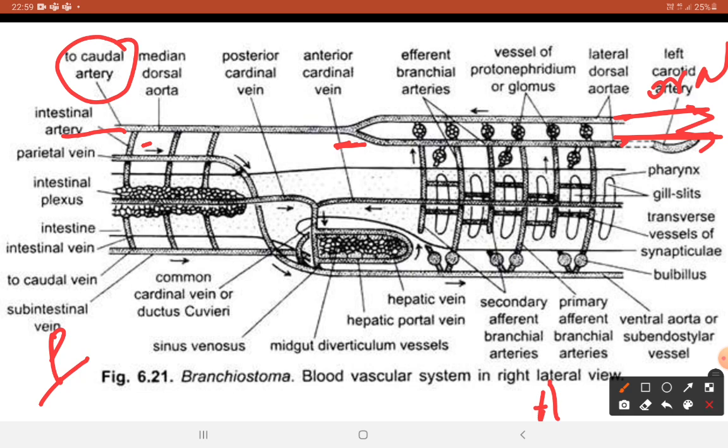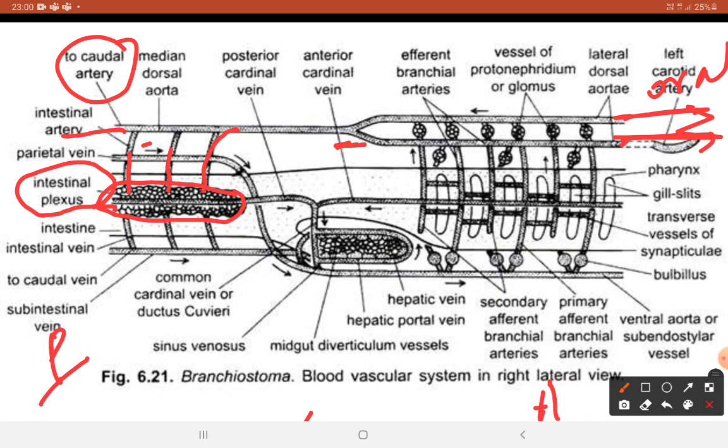From the lateral and median dorsal aortae, branches lead into the myocoel, that is towards the muscles, the lymph space between myotomes and the body wall. Then the median dorsal aorta supplies blood to the intestine through several intestinal arteries, forming a capillary network called the intestinal plexus.